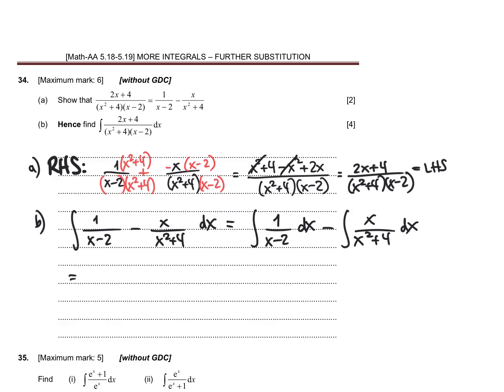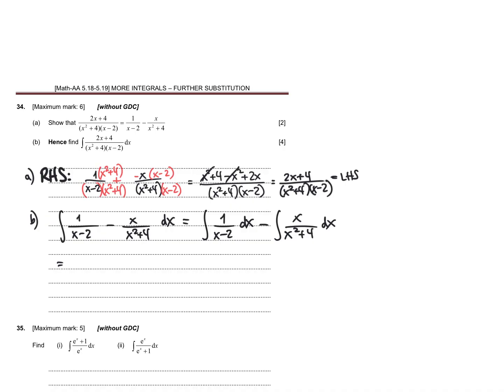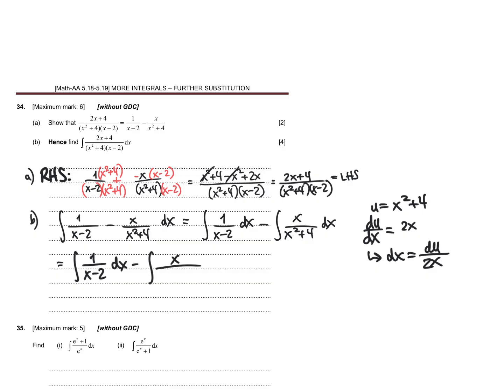All right. So, just a second. So we want u to be x squared plus 4 and du dx to be 2x. So that dx is du over 2x. So we will have 1 over x minus 2 dx minus x over u and then du over 2x.